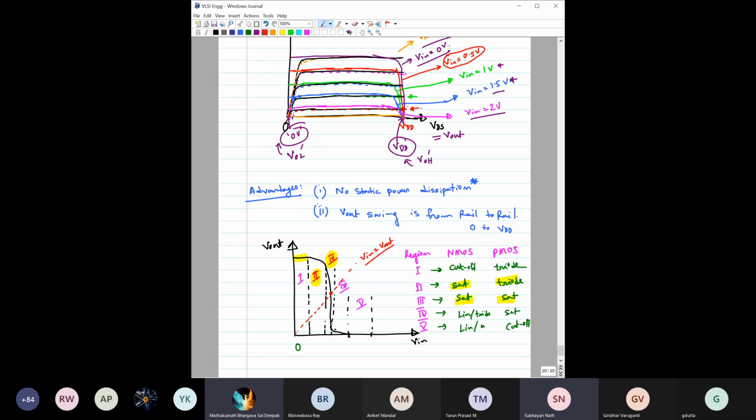From there, you have to put Vin equal to Vout. Then that way you have only one equation and only one variable, right? And you solve for either Vin or Vout, and that will give you the switching threshold.